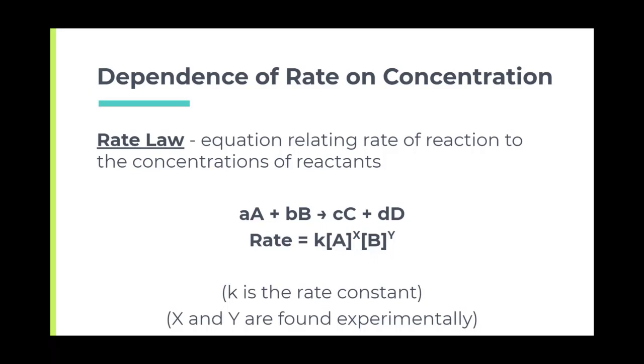So if X is 1, just as an example, you want to say the reaction is first order with respect to reactant A. If B has an exponent of 2, then you want to say the reaction is second order with respect to reactant B. What we're typically going to deal with is zero order, first order, or second order. And then overall, the reaction has a total order called the reaction order, and you just sum up each of the exponents.